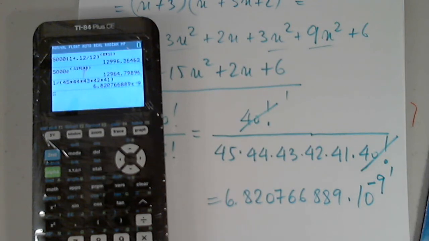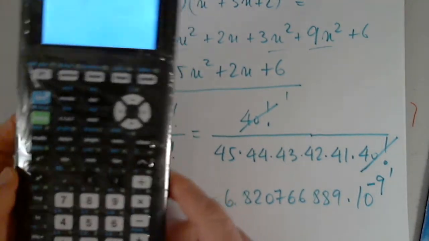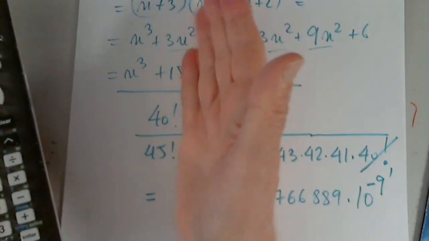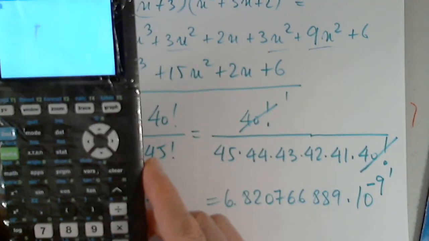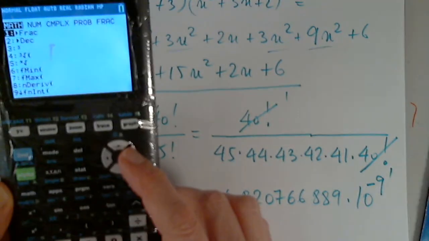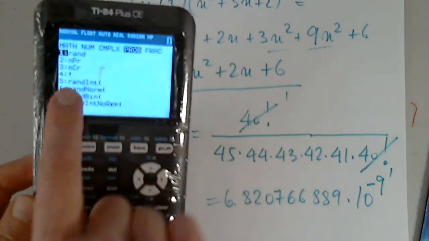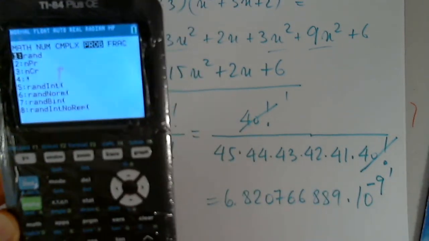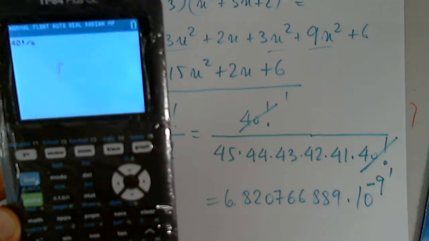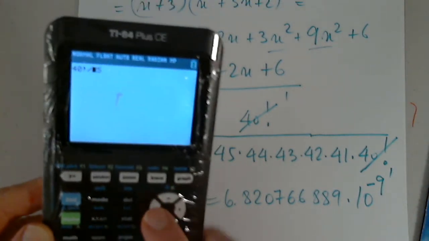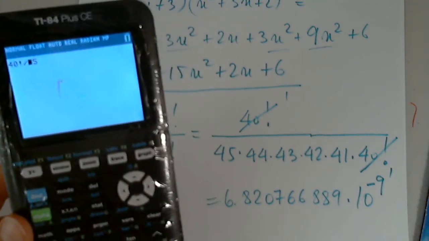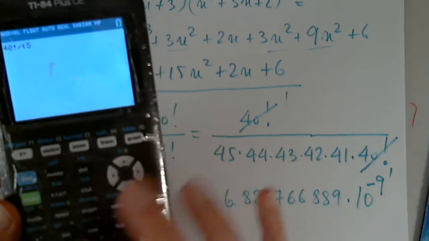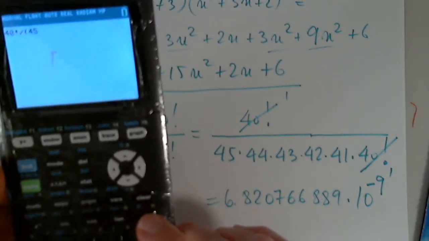Now, I don't know if the calculator will be able to calculate this. Maybe, maybe not. So let's do this without simplifying it, like from here. So we write 40, we go to math, we go to probabilities, and we choose the symbol 4, the exclamation mark, which stands for the factorial. And divide by, we write 45. I don't know if it wants parentheses, so I'm going to put parentheses 45 and then factorial.